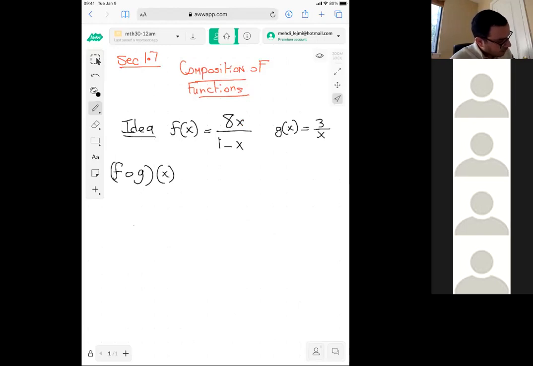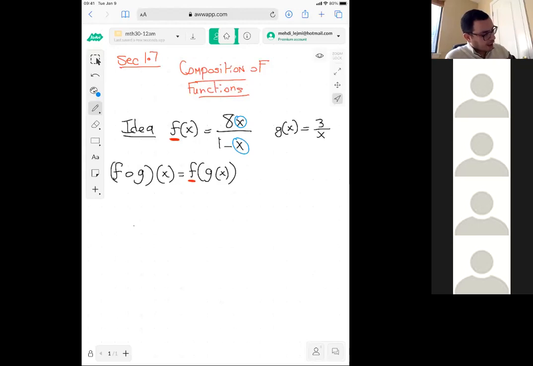In your f, we have an x in the top and an x in the denominator, and the idea is to replace those x's with g of x.